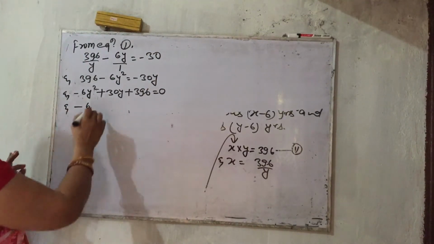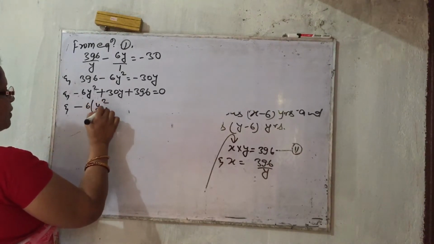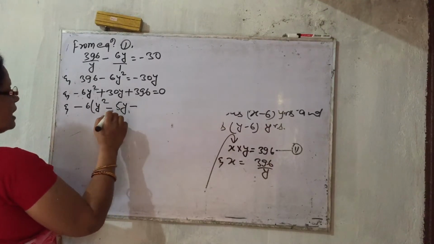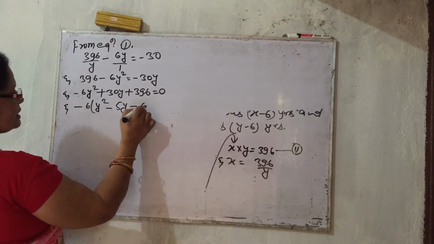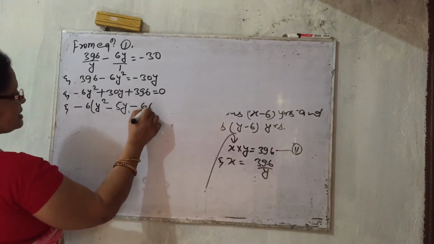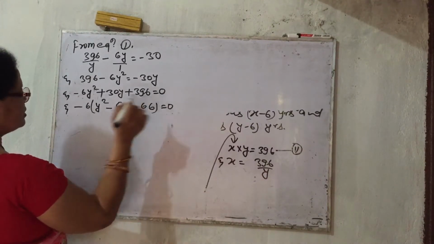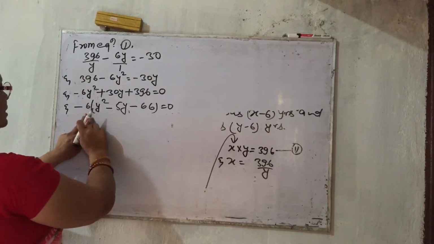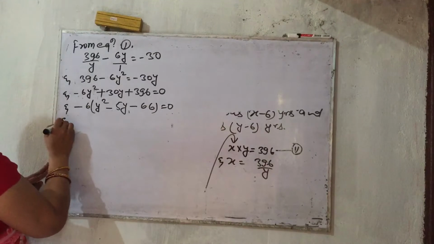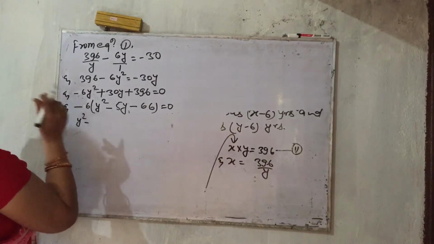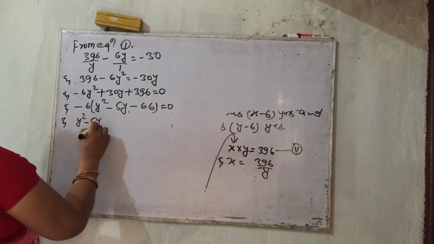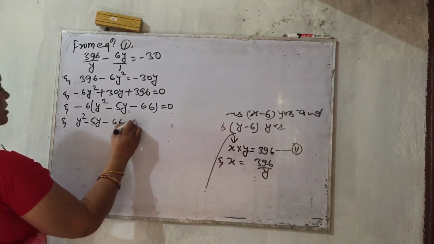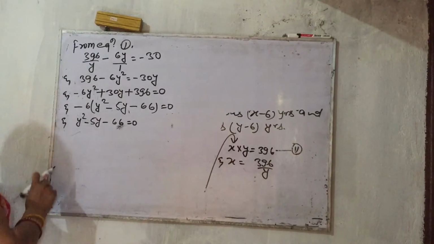If we take minus 6 common, then it will be Y square minus 5Y minus 66 equal to 0. Now let's solve this.